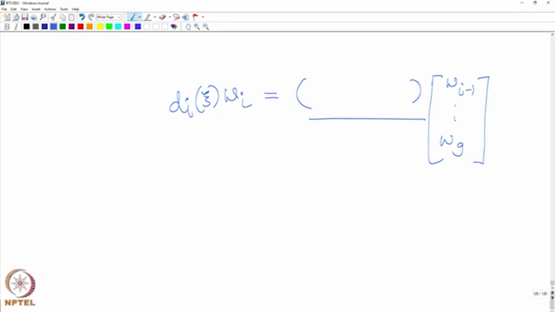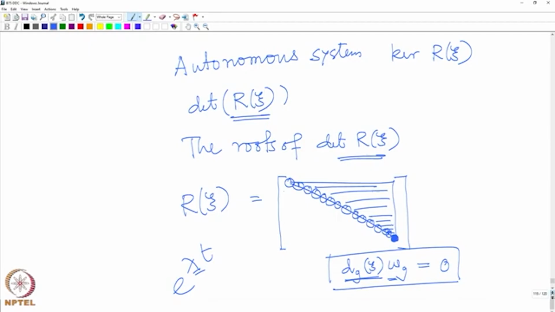That's how you get the solution. So once again the mode of the solution is determined by the roots of this polynomial. Together, all the roots of these diagonal polynomials are the ones that describe the solution, isn't it?